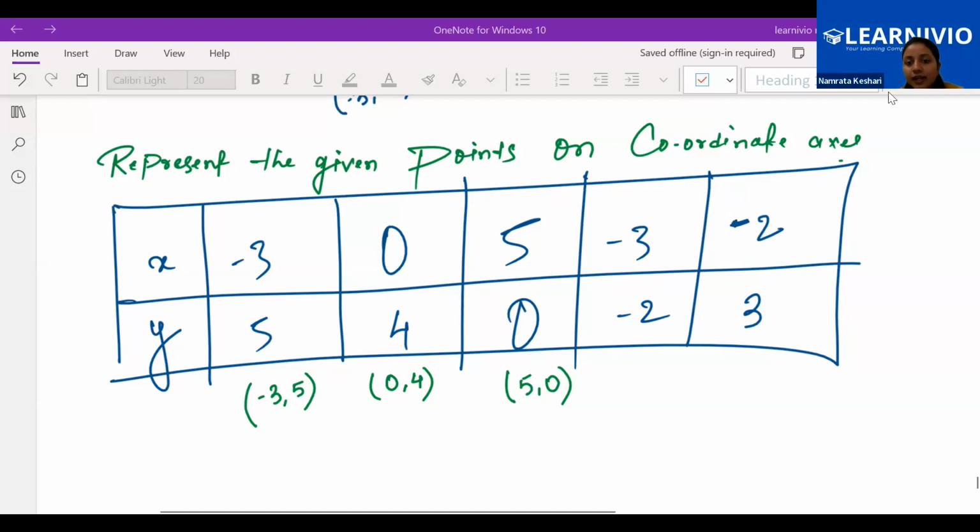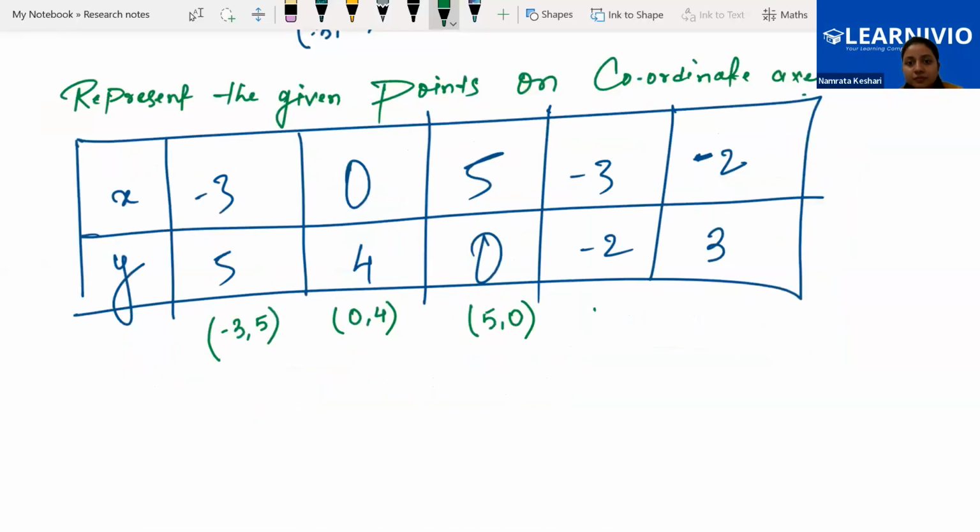Yes. What about the next one? -3, comma -2. What about the next one? -2, comma 3. So even if the tabular form is given, we must be clear how to represent the point.